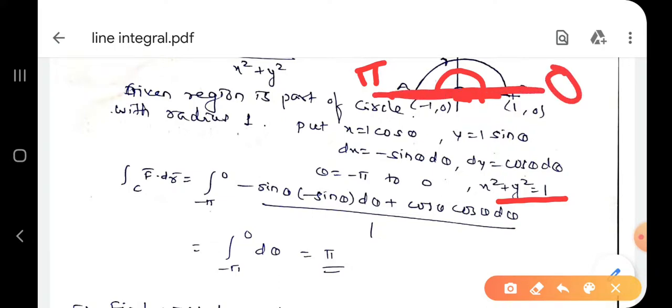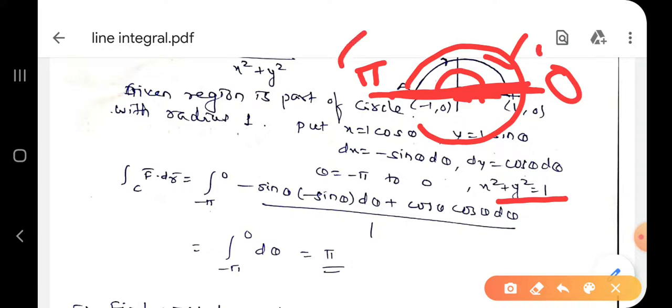I am talking about the x-axis. So here the angle is pi and here the angle is 0. But the direction we chose is clockwise. Always keep in mind we require the anti-clockwise direction. But here it is the clockwise direction, so this pi becomes minus pi.